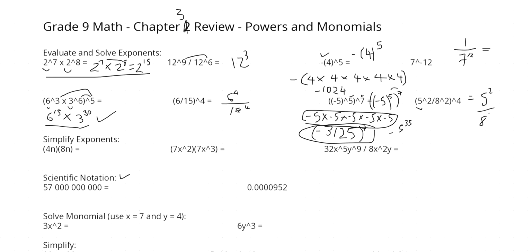So you just simply multiply that power by that power and that power by that power. And so the answer will be 4 times 2, which is 4 2's are 8, so 5 to the power of 8 over 8 to the power of 8. Very simple.